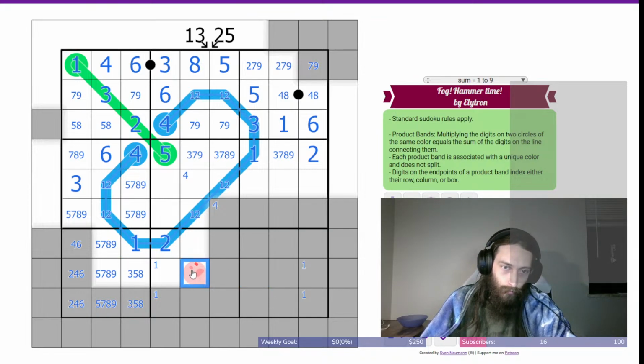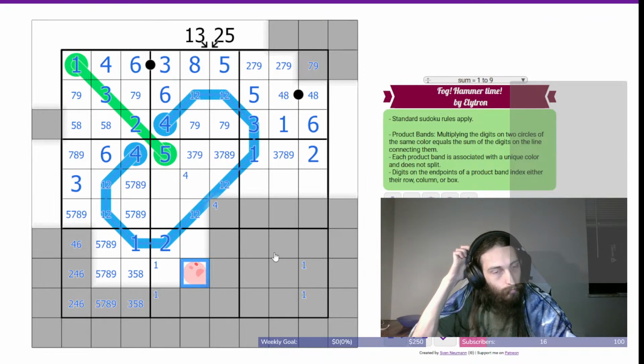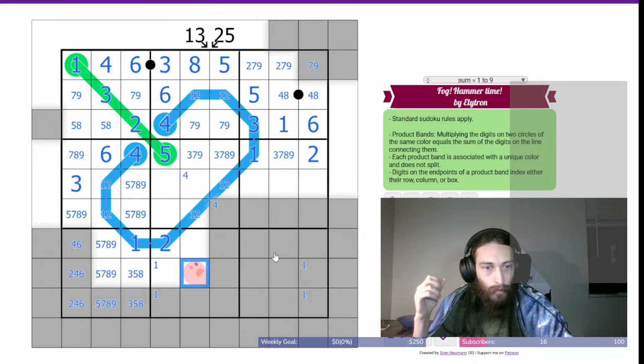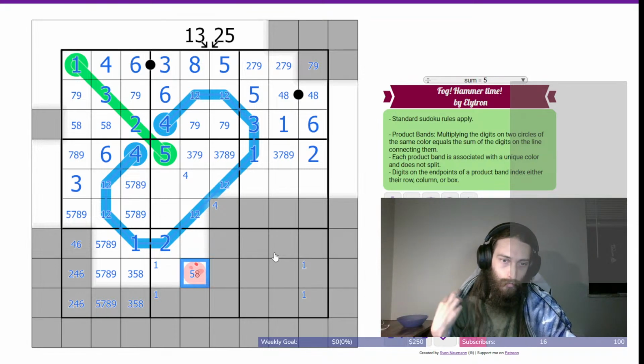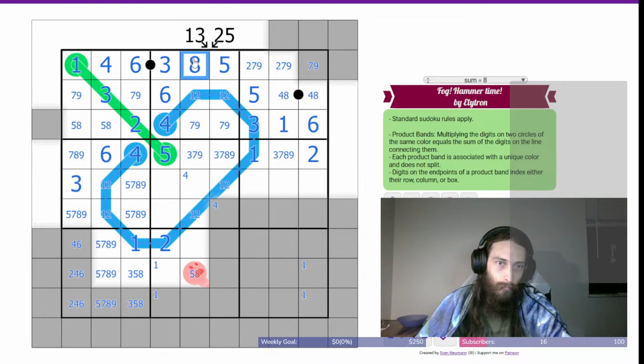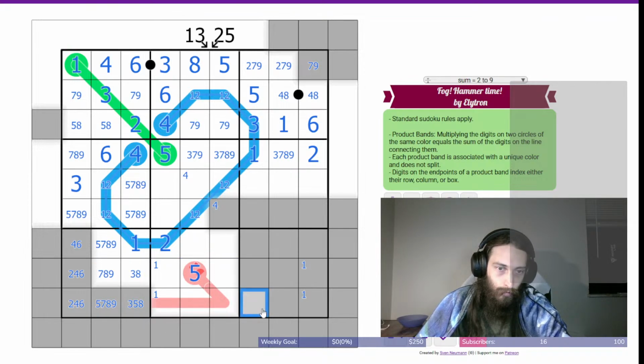And I guess this is still the end point of a product line, and it's either 5 or 8. Right, because it's column 5 and it's row and box 8, and it can't be 8. So that's a 5. Takes 5s out of those.